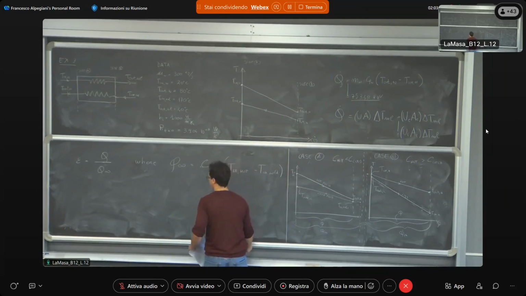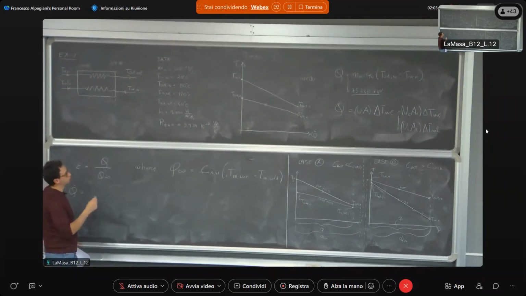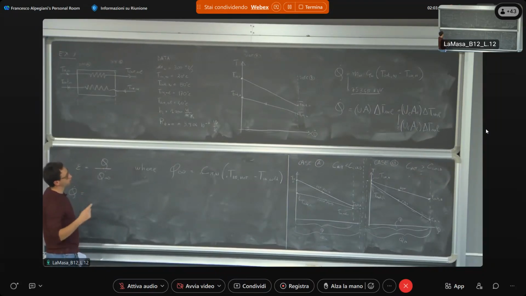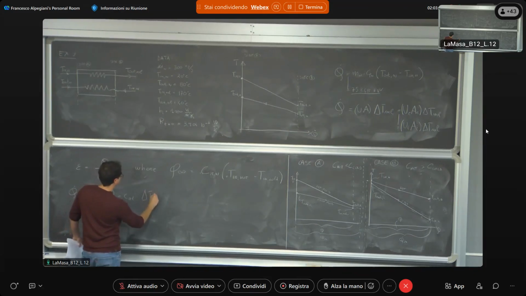So in this case, we have that Q, we can write it in terms of both the cold fluid and the hot fluid, so it will be equal to C of the water, the heat capacity of the water, which is the product between the mass flow rate of the water times the Cp of the water, times the delta T on the water side, but could be written also in terms of the heat capacity of the oil, so C of the oil, times the delta T on the oil side.